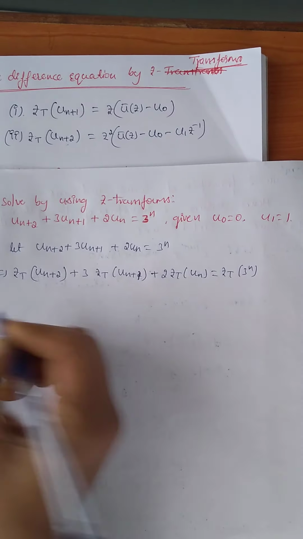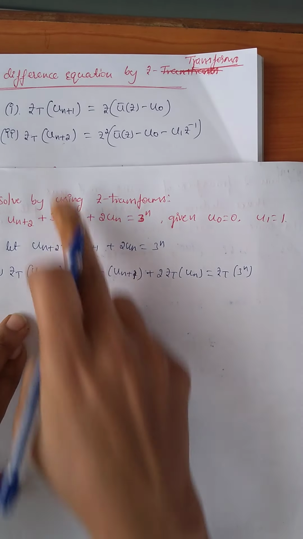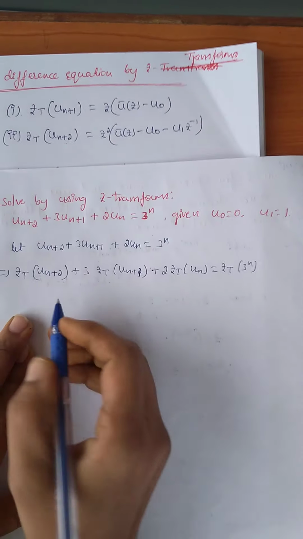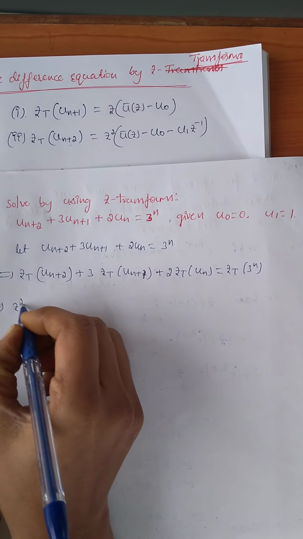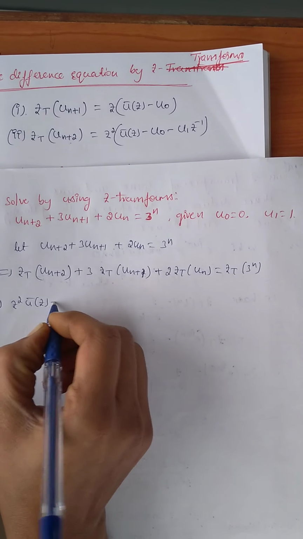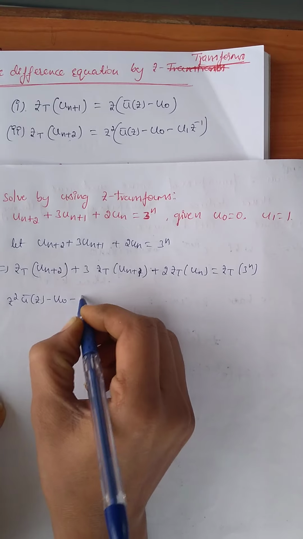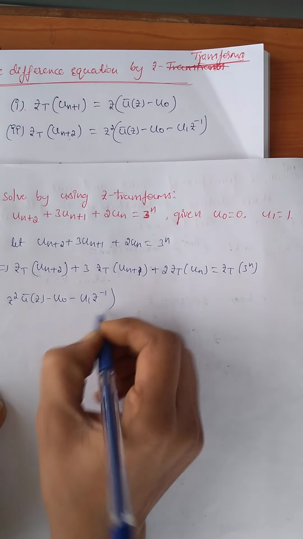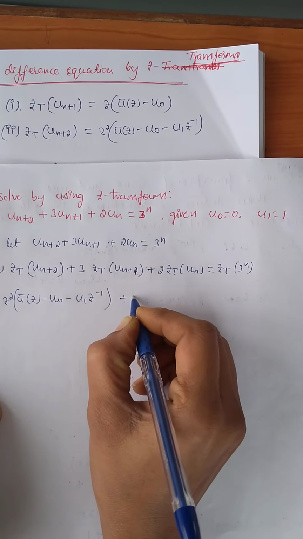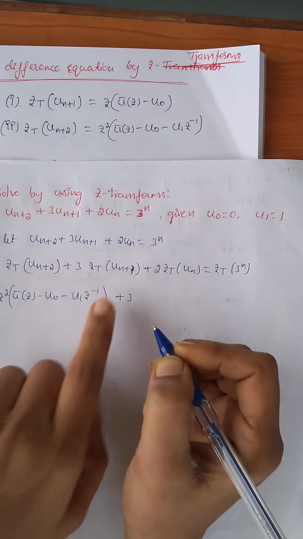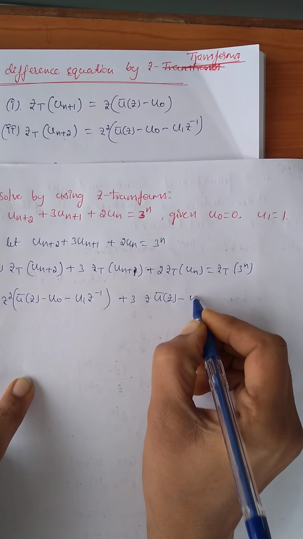Next, substitute the formulas. We have the Z transform of u(n+2) formula. Substituting, we get z square u bar of z minus u0 minus u1 z to the power of minus 1, plus 3 times Z transform of u(n+1). The formula is z into u bar of z minus u0.